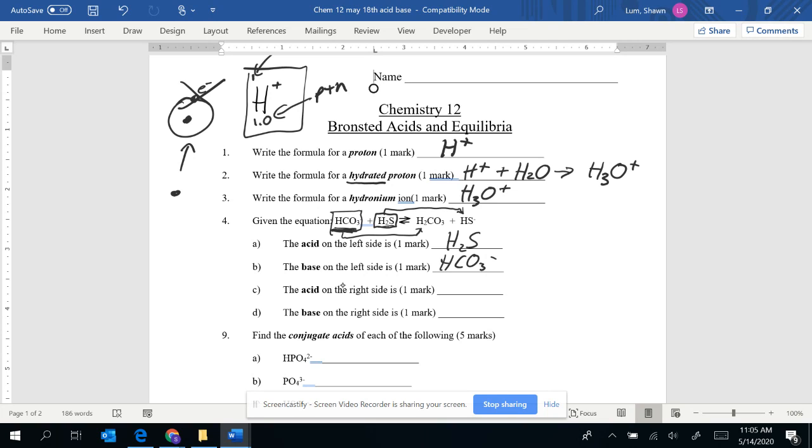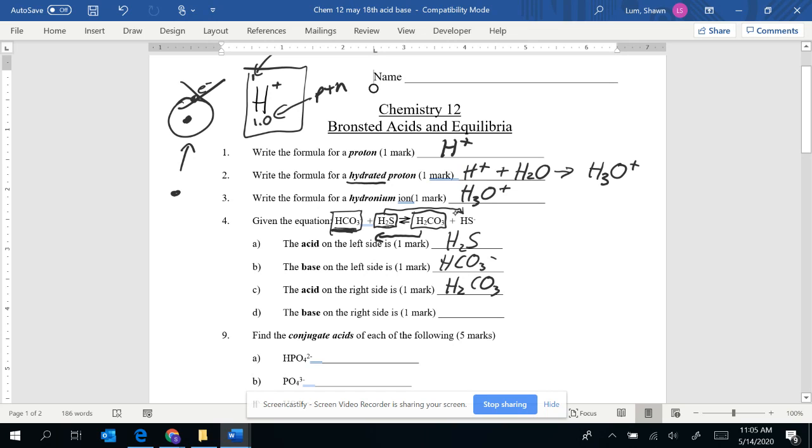Now the acid on the right side is going to be this one right here. If we look in the reverse direction, because this is an equilibrium, if it has H2 and it's going in this direction, it's going to go to H. So it will be losing a proton. So the acid right here is H2CO3.